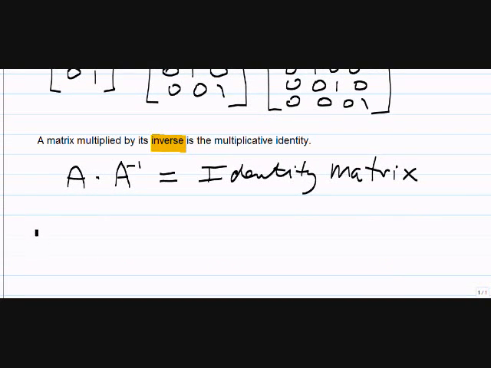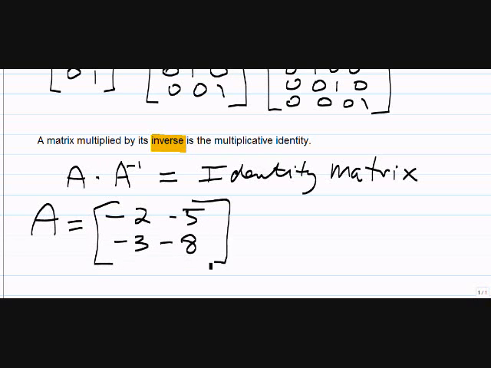So we'll let matrix A be -2, -5, -3, -8, and its inverse is -8, 5, 3, -2.